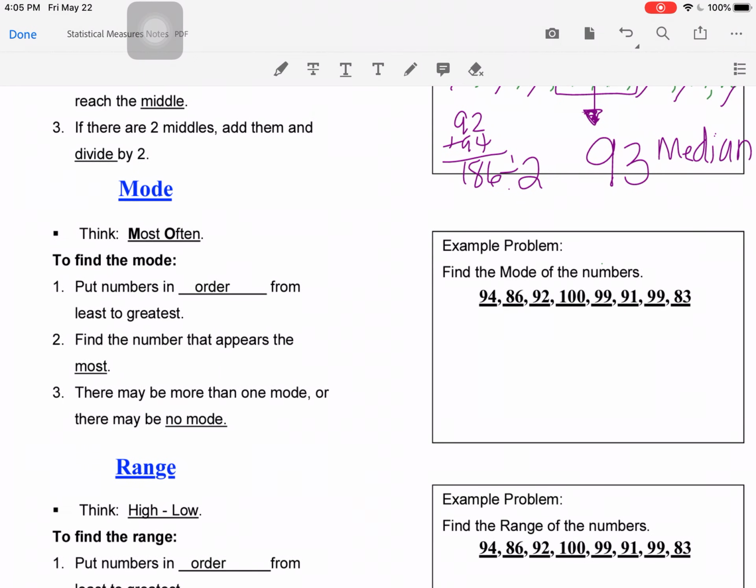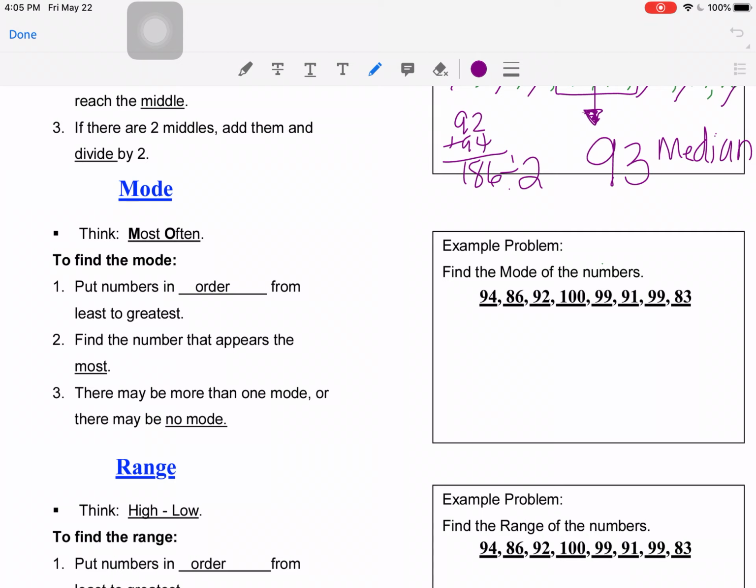All right, then we have the mode. The mode is the number that occurs the most often. So the number that is there more than once. So you put them in order from least to greatest. Find the number that appears the most. There may be more than one mode, or there may be no mode. So if there's no mode, you just write no mode. If there's more than one mode, you list each one.